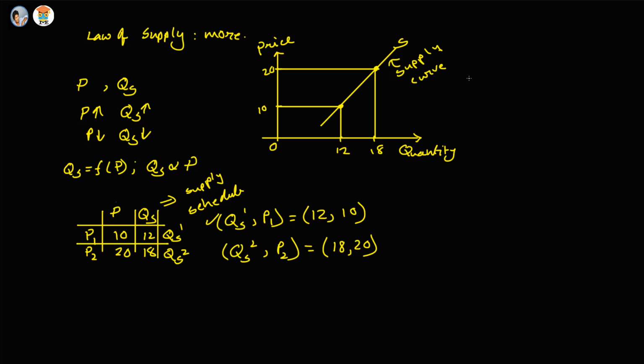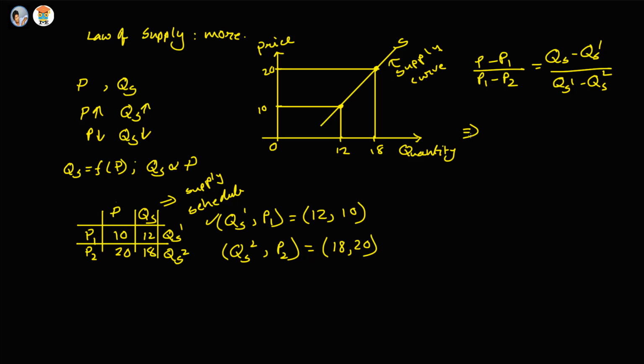We can also find out the functional form using this formula: P minus P1 divided by P1 minus P2 is equal to QS minus QS1 divided by QS1 minus QS2.